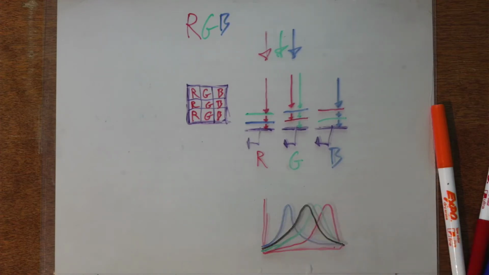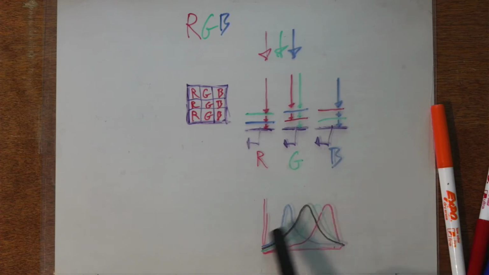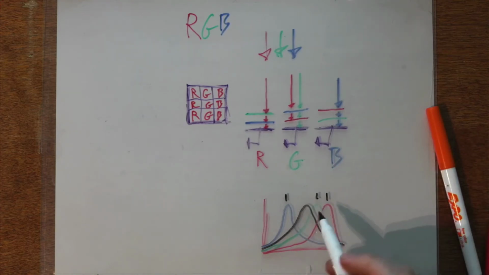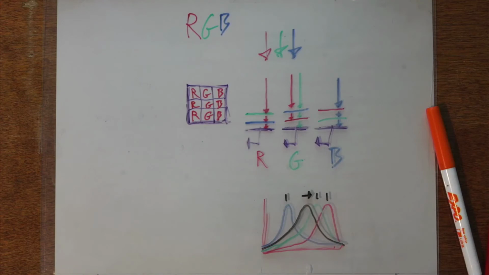The rods in our eyes were something like that. Now if we're just doing red, green, and blue pixels evenly, if we're adding these in even amounts, we're actually going to get a shift in color this direction that we're not going to like.